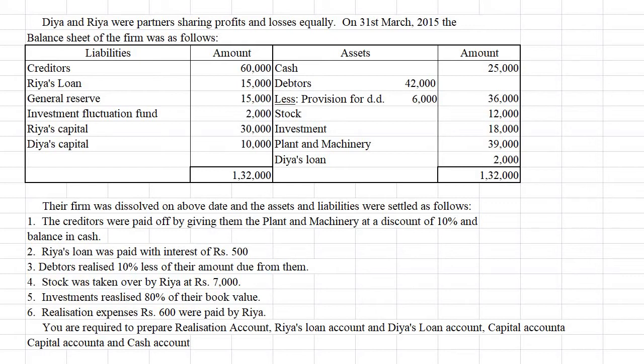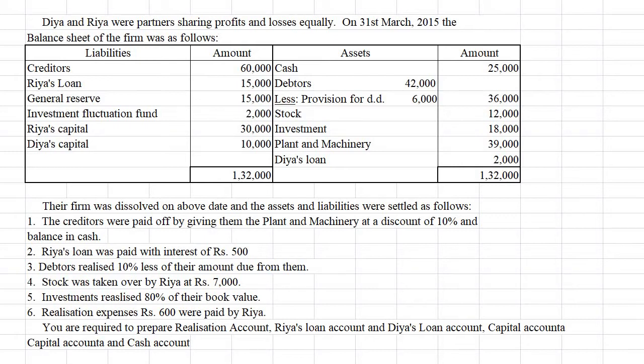That means 3,900 we have to deduct from 39,000, that means 35,100. That amount is given to creditors and the remaining amount will be paid in cash, because creditors we have 60,000.